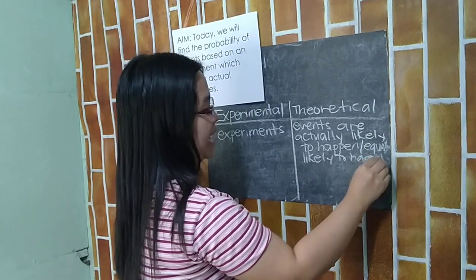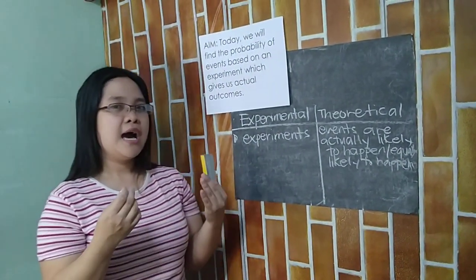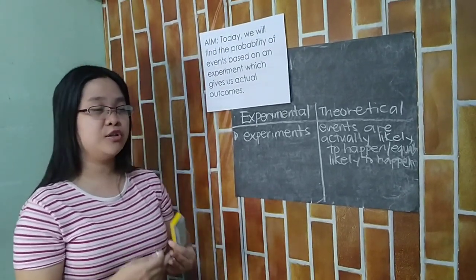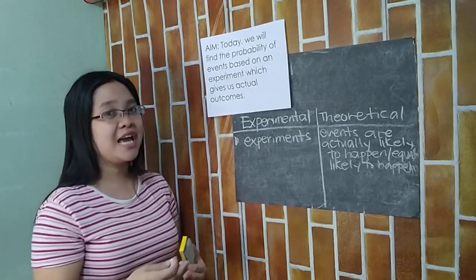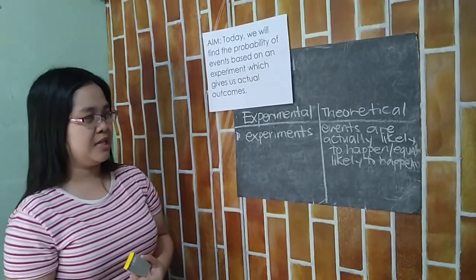So meaning to say, all the events have equal chances of occurring from the particular events. They are equally likely to one another. That's their chance in theoretical probability.